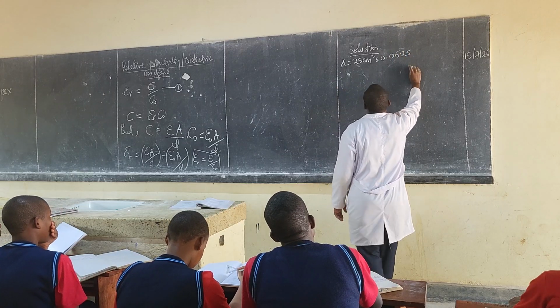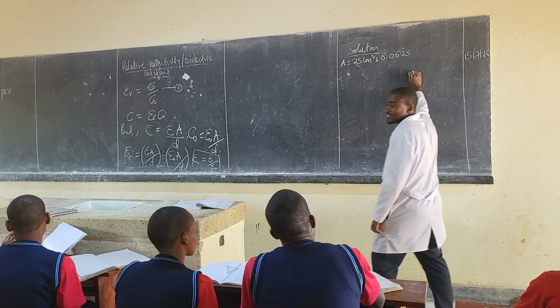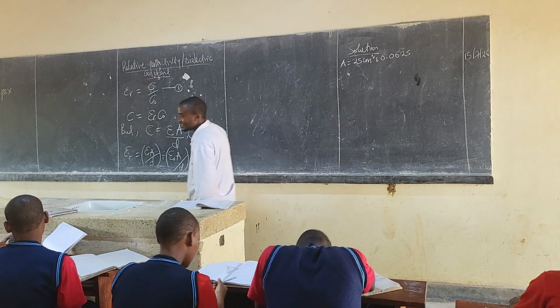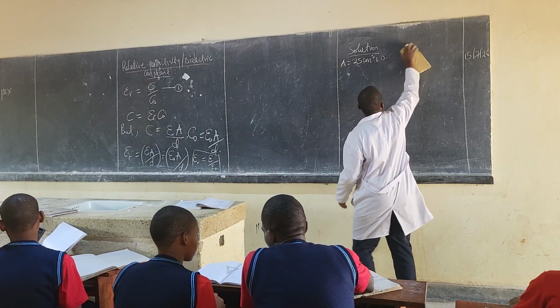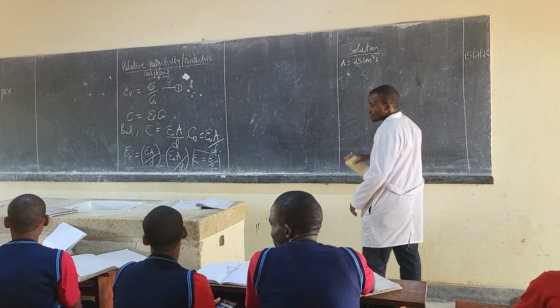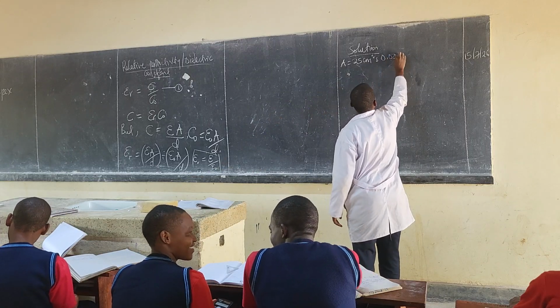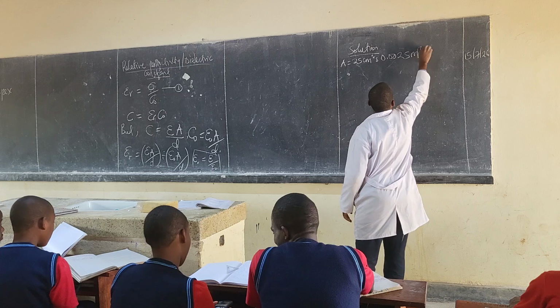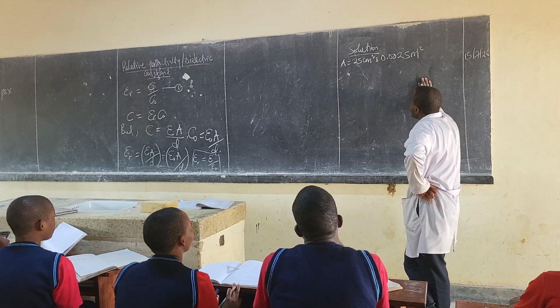Something like 0.0025. You literally have to divide by 10,000.